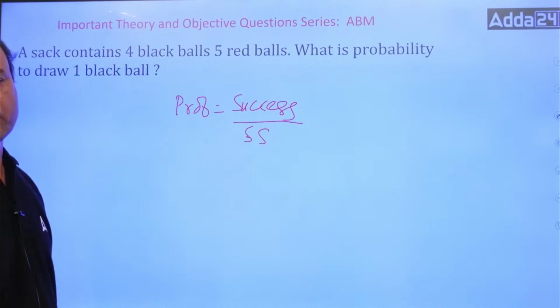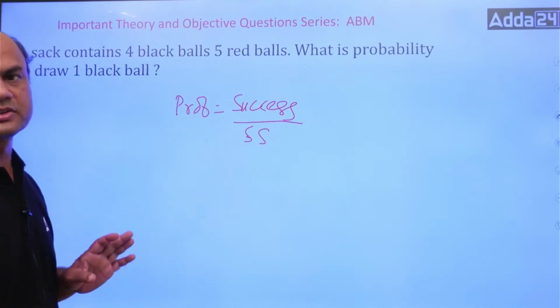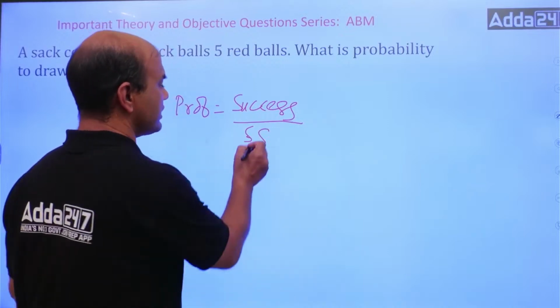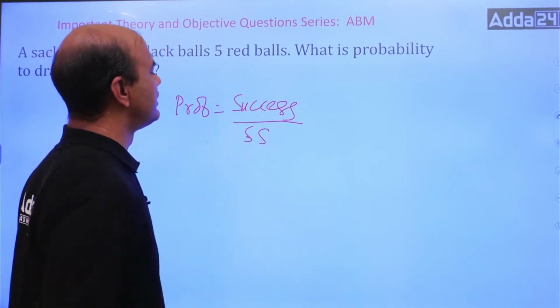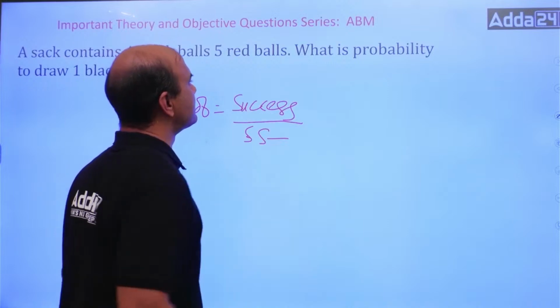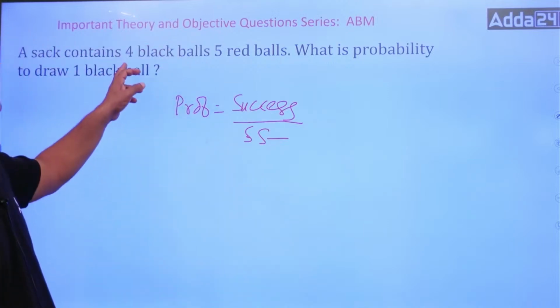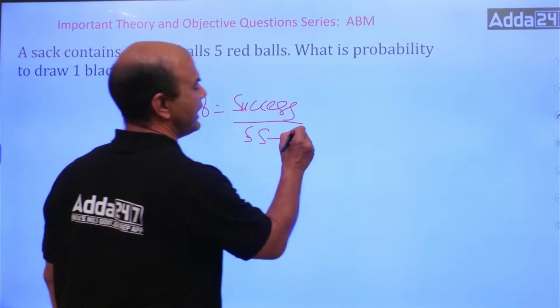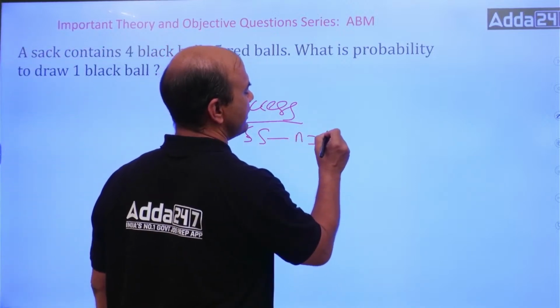Now, what did I say? First solve the denominator. This is easy to solve. Sample space means total. What is the total? 4 and 5. N equals 4 plus 5.